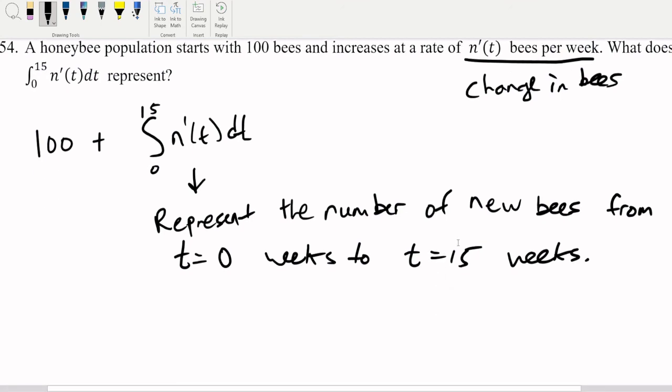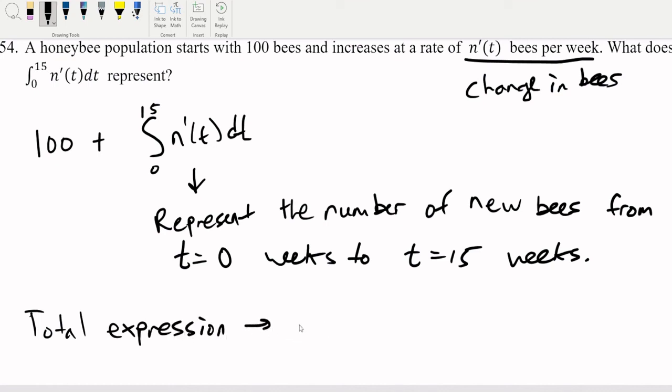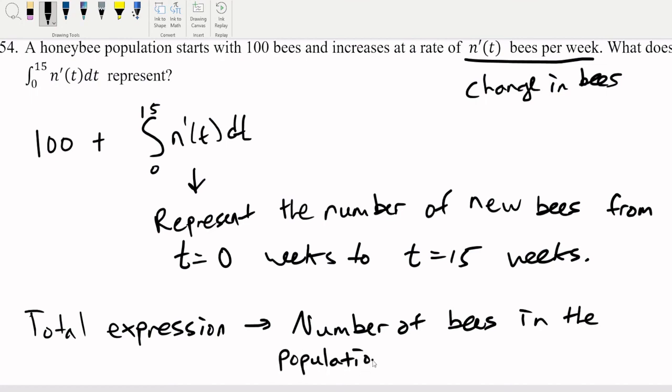So the total expression, so that this here was just what does the integral represent? The total expression, right, what's that going to be? It's going to be the number of bees in my population in 15 weeks. Because the integral tells me how many I have added, because that was representing change, right?